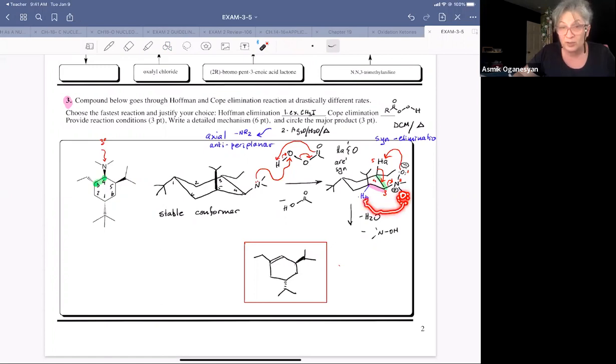So it won't be able to pick it up, but over here, they're on the same side of the bond that is going to become a double bond. And that will be it.